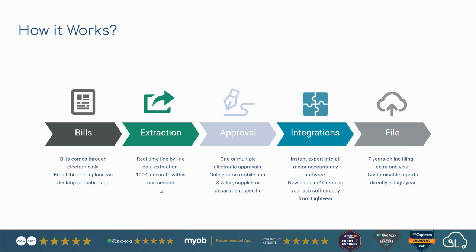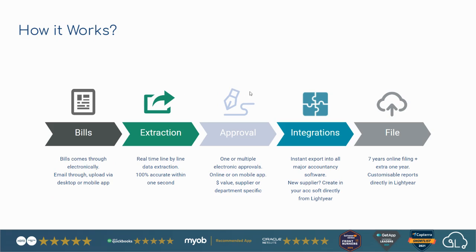We do also extract data for images and things like that, but there's going to be less information there. So the best data we can get is from PDF documents directly from the supplier, but we can still process everything else through Lightyear one way or another.